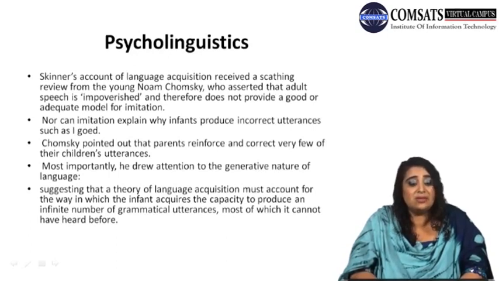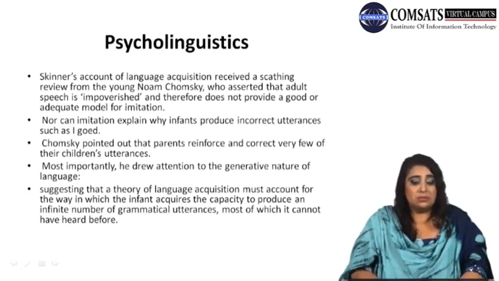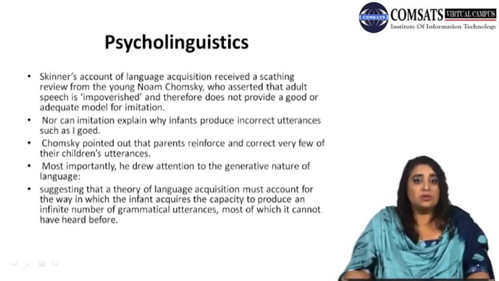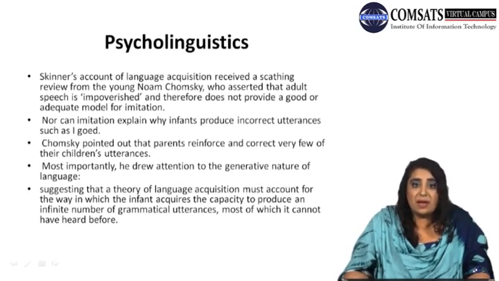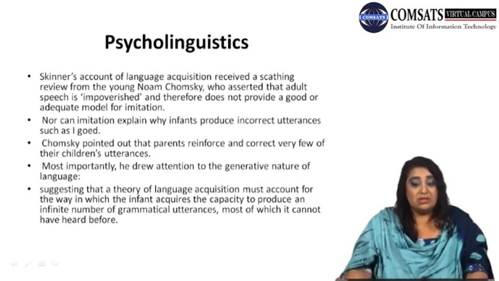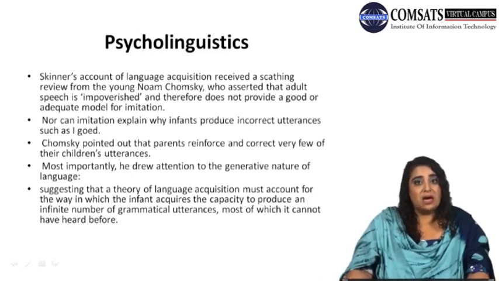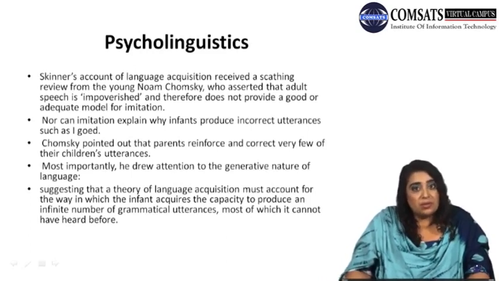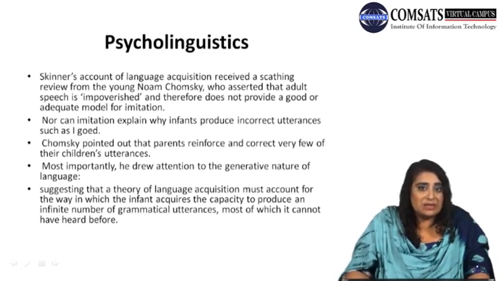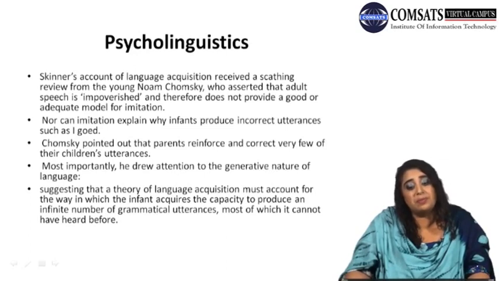Nor can imitation explain why infants produce incorrect utterances such as "I goed." Once again, an adult would never say "I goed." They'll always say "I went." But children sometimes use incorrect utterances like "I goed" when speaking, and that isn't due to imitation. So Chomsky pointed out that parents reinforce and correct very few of their child's utterances.